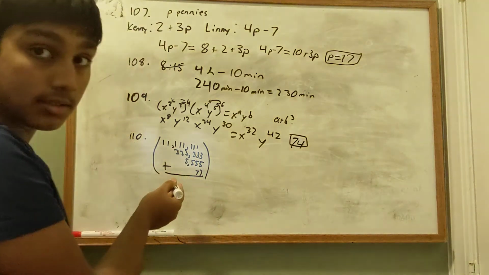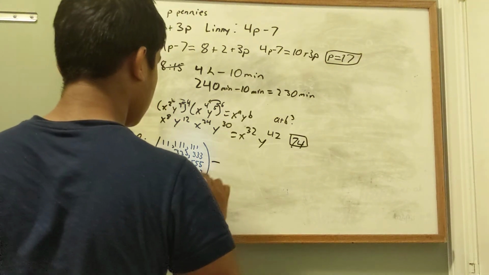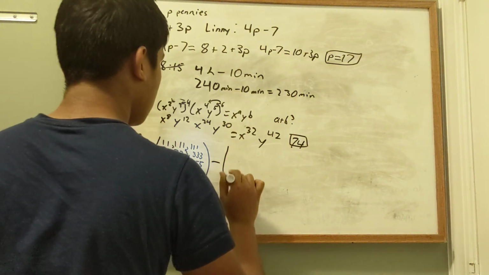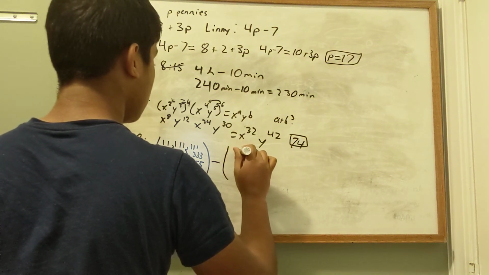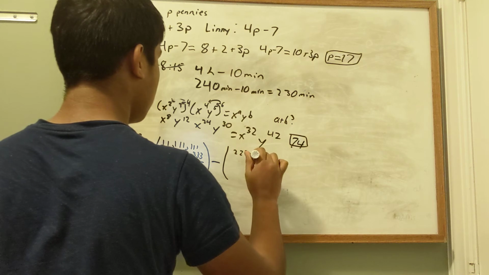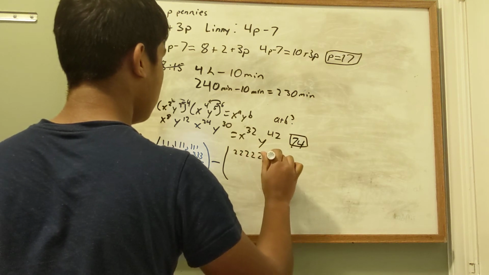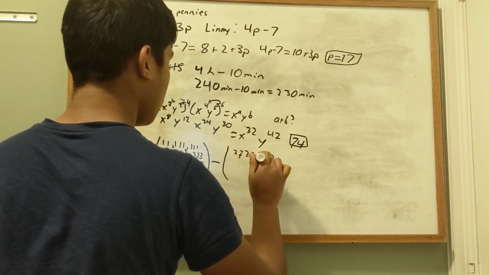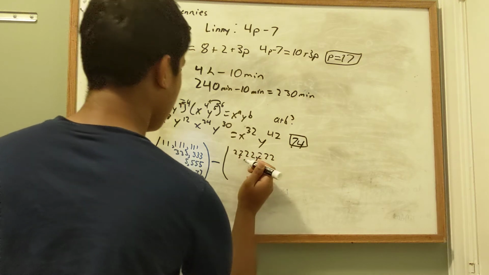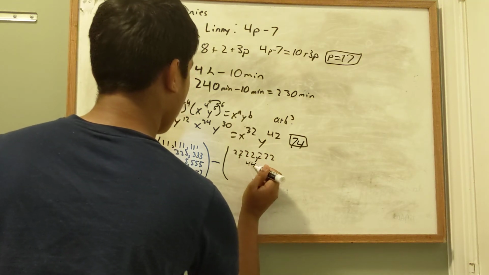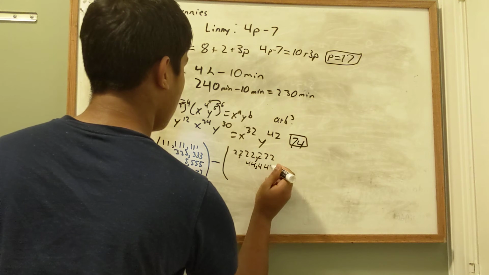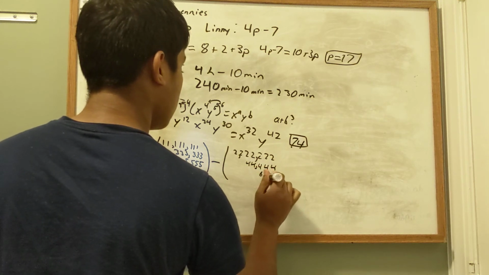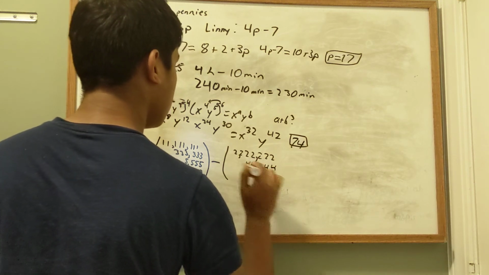So I have those positive terms here minus these negative terms: 2, 2, 2, 2, 2, 2, 2 here, and then 4, 4, 4, 4, 4, 6, 6, 6, and 8.